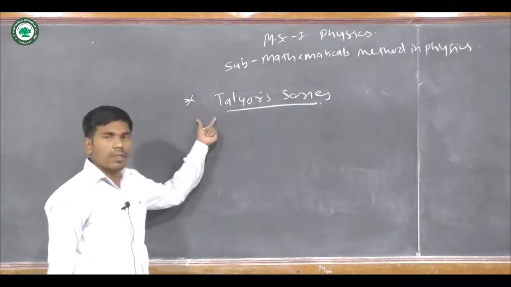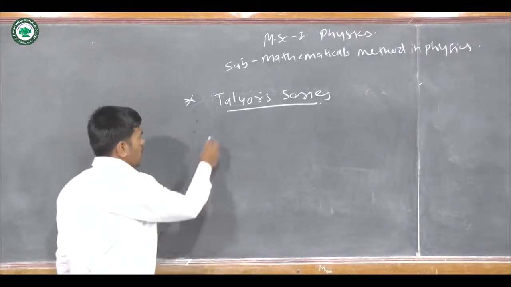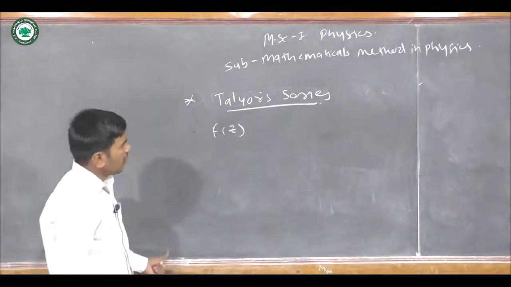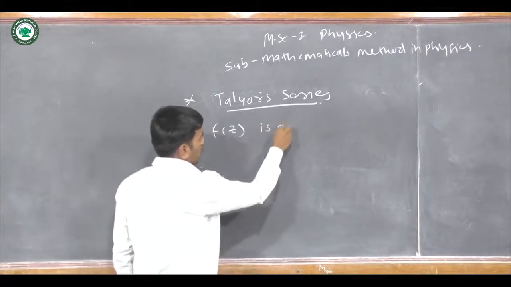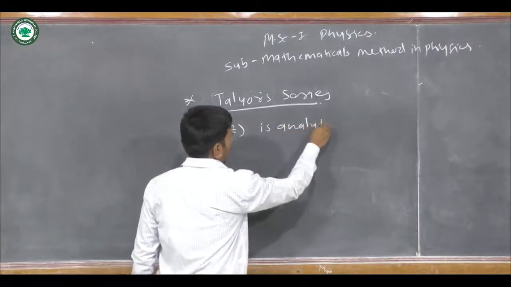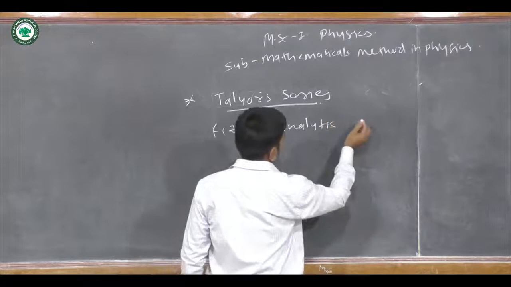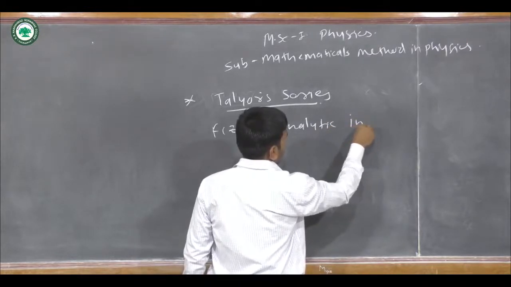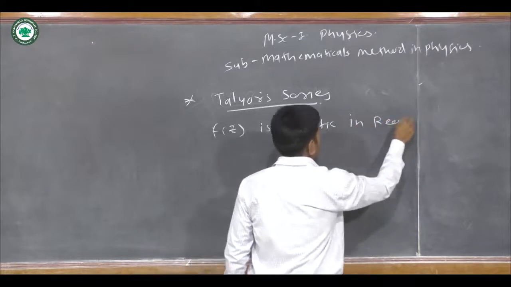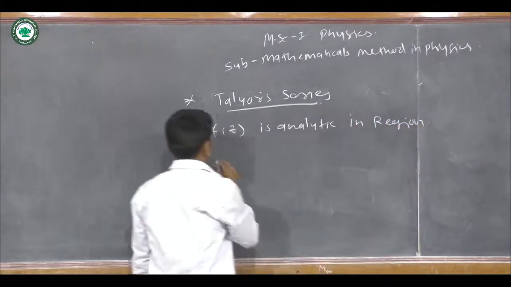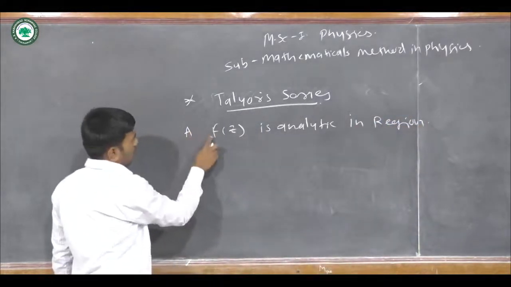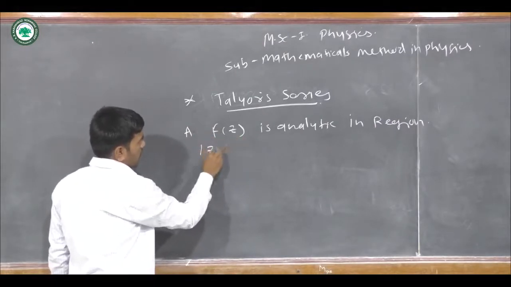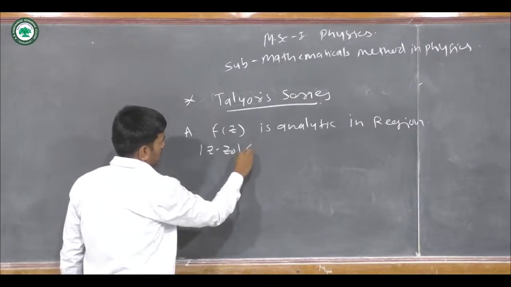In this Taylor series, if we consider the function f of z, that f of z is an analytic function in the region |z minus z naught| less than R.